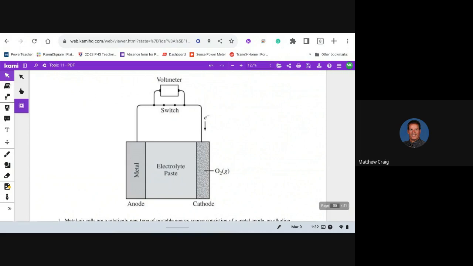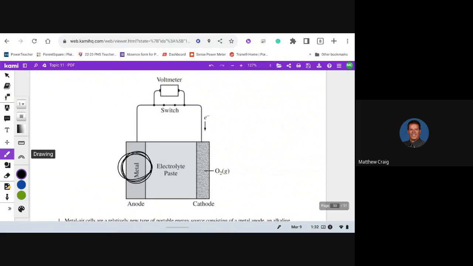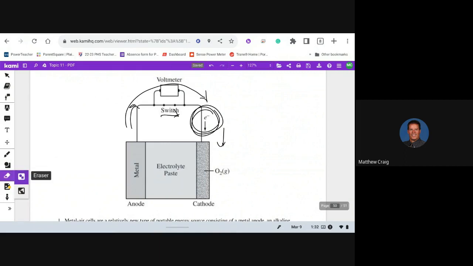Okay. In other words, we're doing something on this side of the quote unquote battery, and the electrons are moving in that direction. Okay. So typically with an electrolytic system or an electrolysis system, you don't see the flow of electrons. You have to determine that. And sometimes they don't even ask that. But here, we're going from here, and we're moving electrons in that direction, and we don't have an outside source.